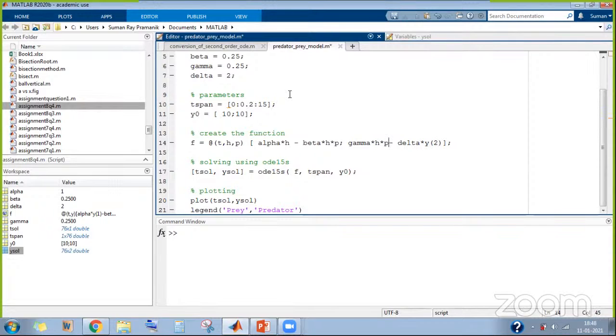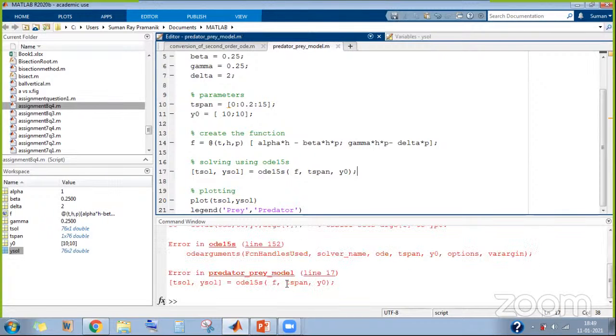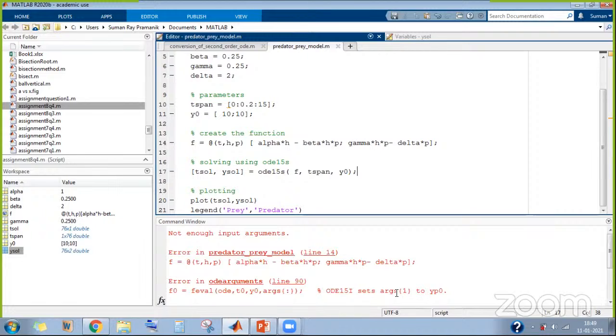Actually, I'm also not certain whether this works or not, but I think this should work because my y0 is there, my tspan is there, and my function has the same things. So I think this should also work. Okay, no, it does not work.